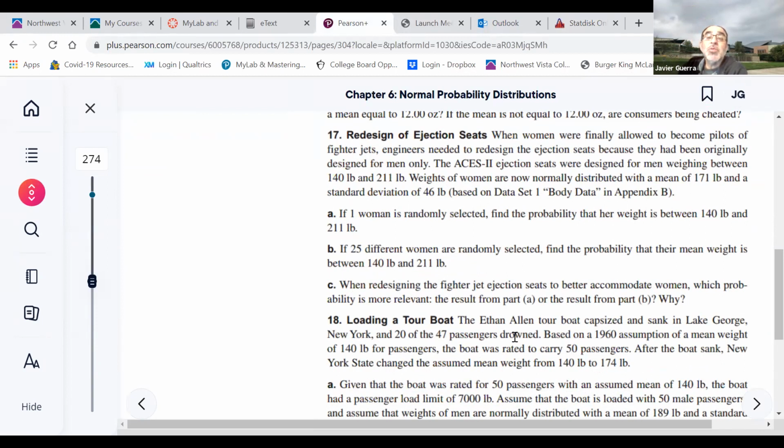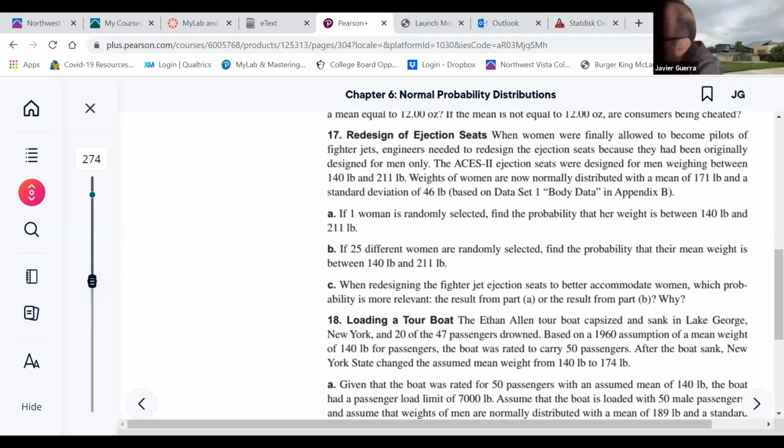So you're just picking 25 ladies at random. What's the probability that their weights are going to be between 140 and 211? Notice this one is a multiple sample. So my N is 25. I have to find my mu X bar and my sigma X bar.